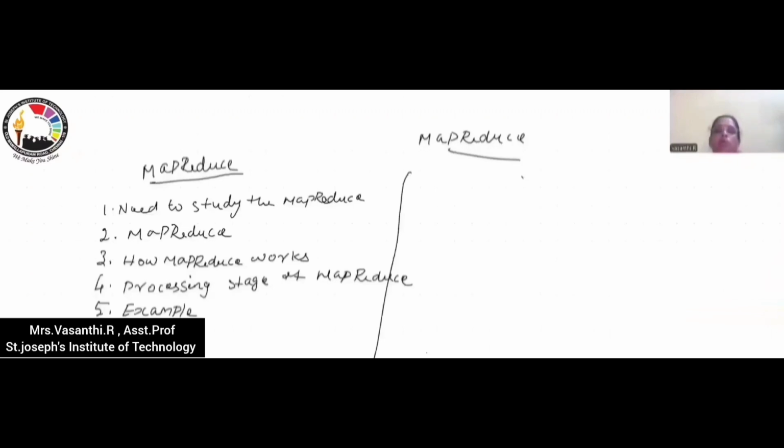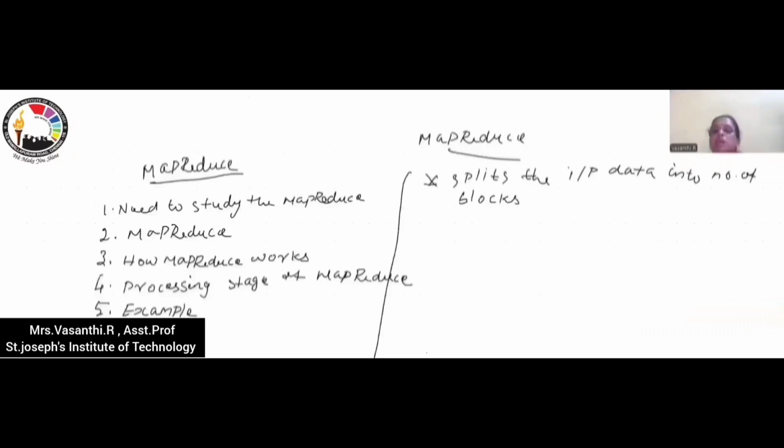In MapReduce, first it splits the input data into a number of blocks. In the MapReduce concept, this is a very important thing.